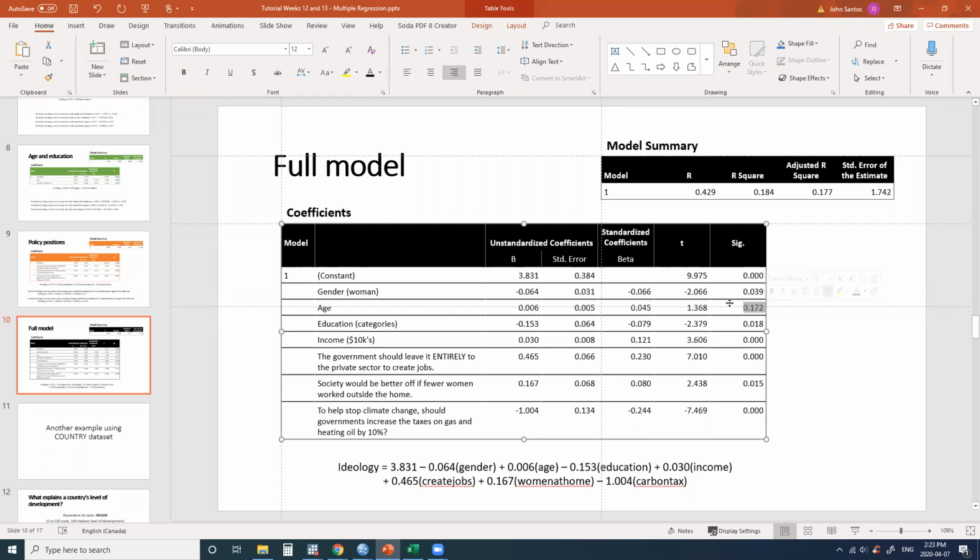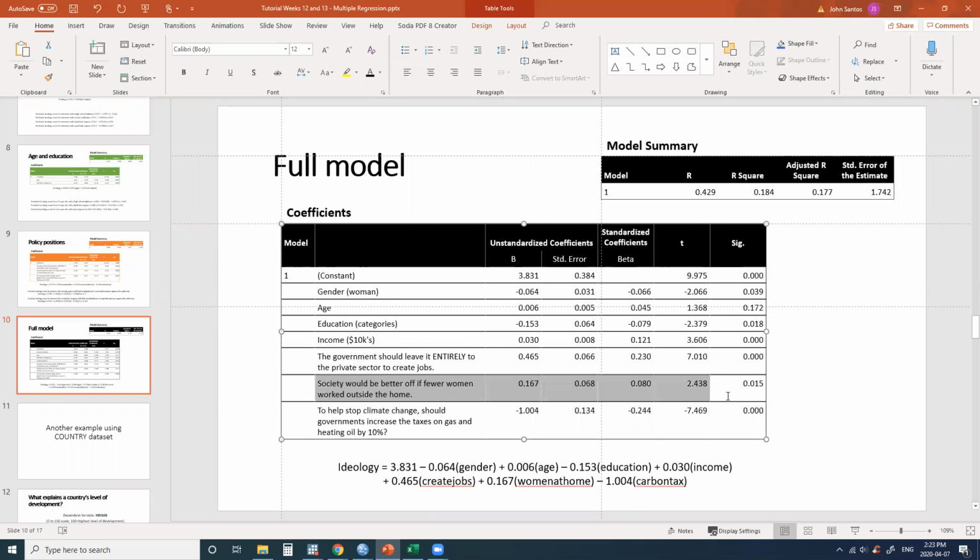Now, if we had set a significance value of 0.01, then we really would only have 3 statistically significant predictors, and that would be income, economic conservatism, and support for the carbon tax.